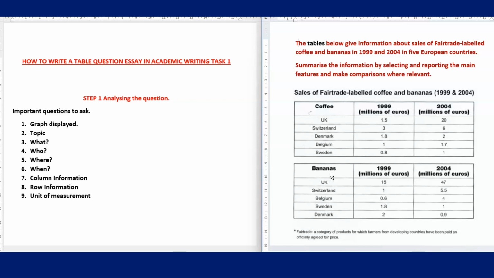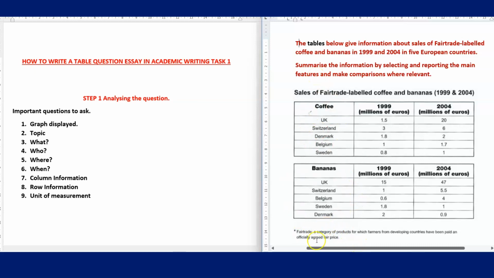These are products being sold on the world market, and these 5 countries buy those things from the farmers from developing countries. So we now have that understanding on it.